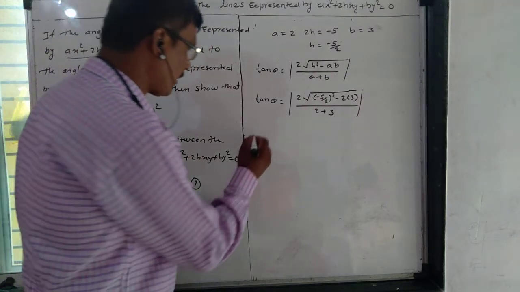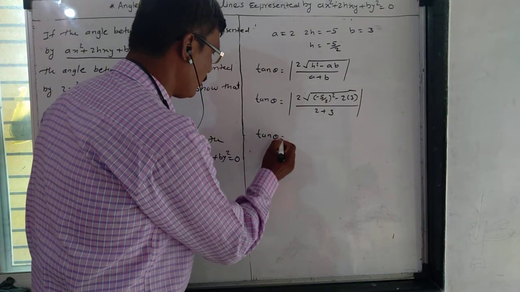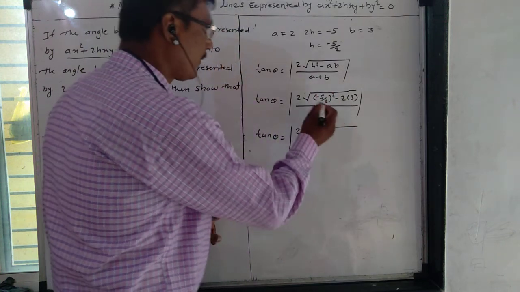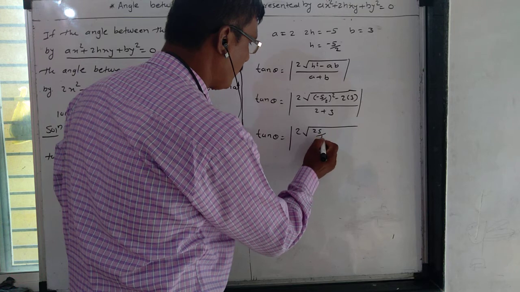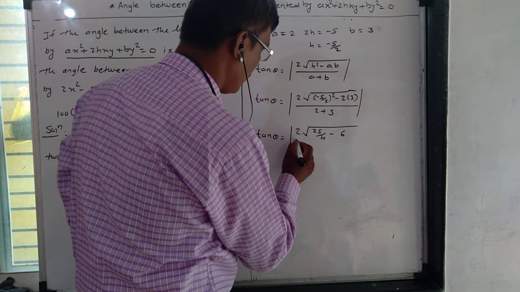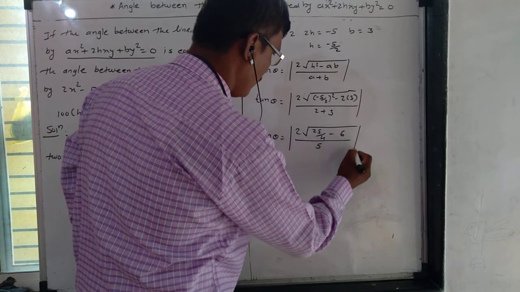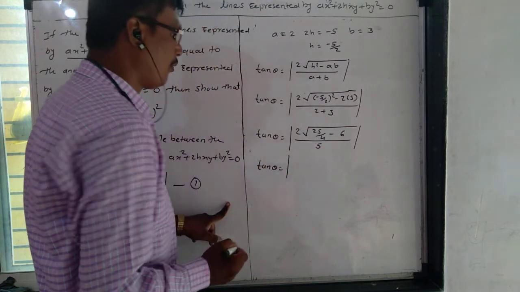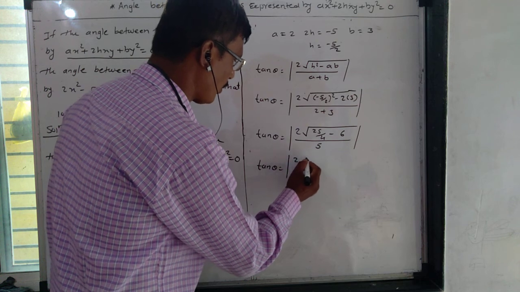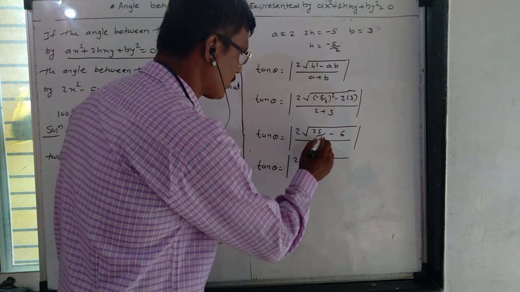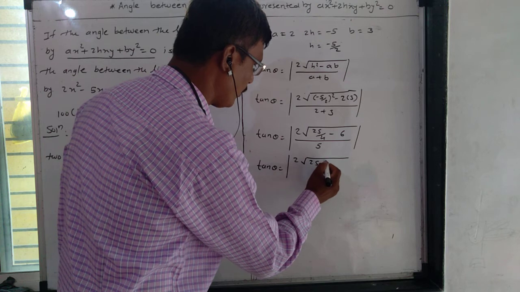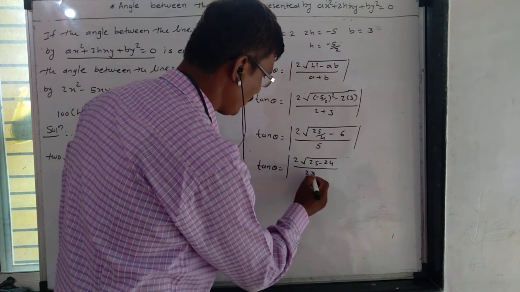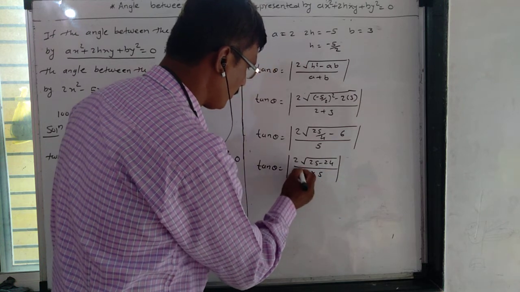So tan θ = |2√(25/4 − 6) / 5|. So tan θ = |2√((25 − 24)/4) / 5|, and these two get cancelled.